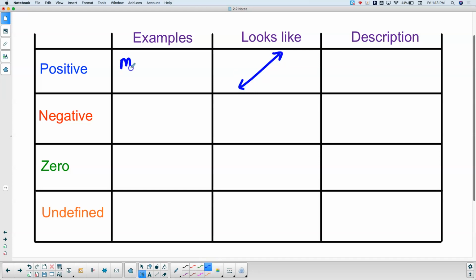It would have a positive number like 5 or a positive fraction like 7/3. And the description that we would give there is it would go up and to the right, or down and to the left.